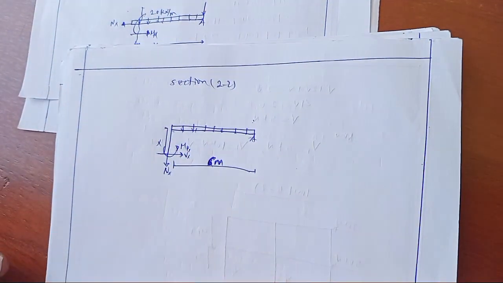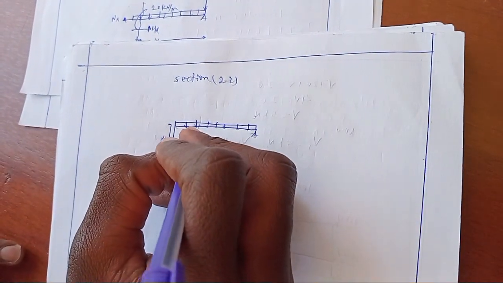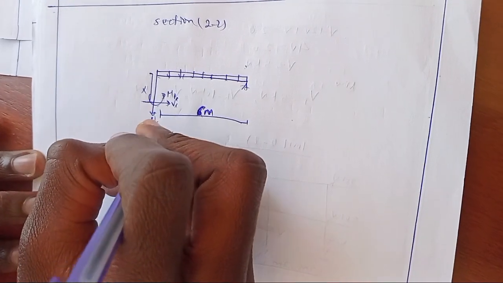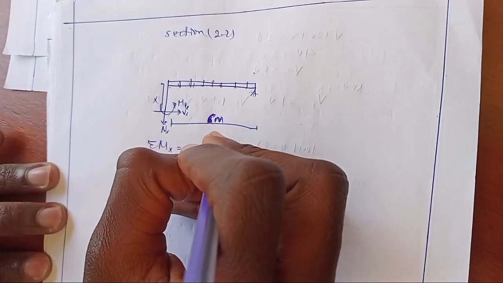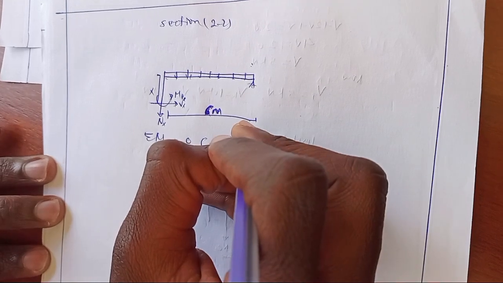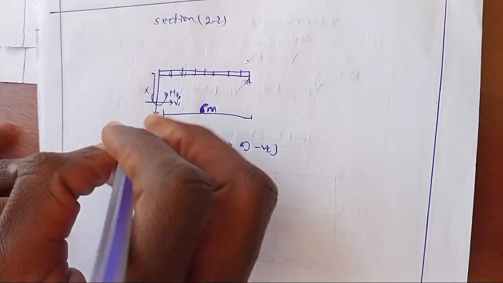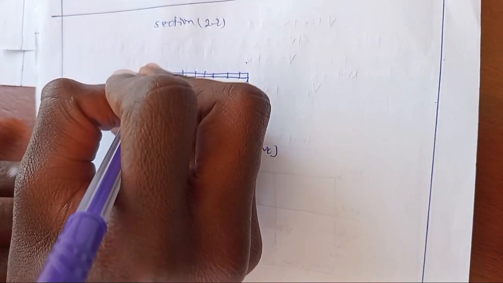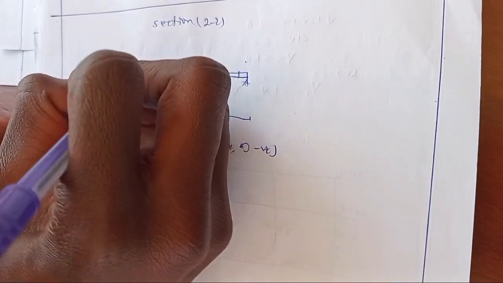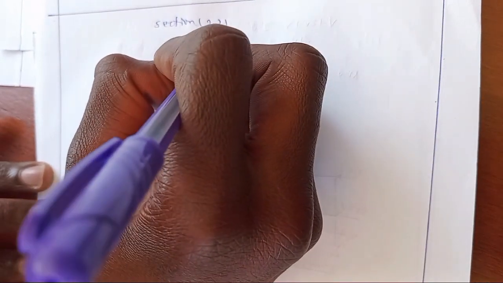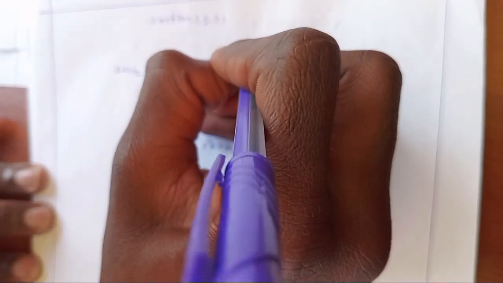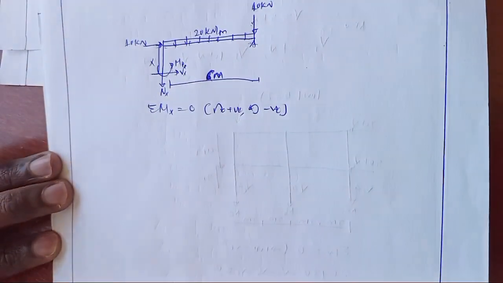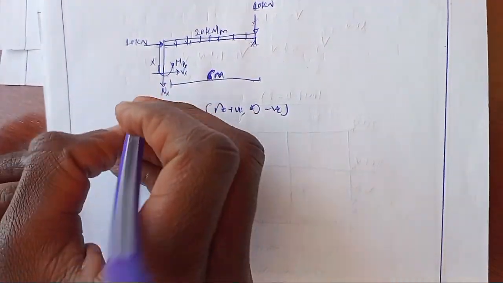So in order to obtain the moment at this point, we take summation of moment at x equal to 0. Clockwise direction will be positive and anticlockwise direction will be negative. Here was the horizontal force, which was 10 kilonewton. This one was 20 kilonewton per meter. This one was 10 kilonewton. So we take summation of moment at this point.